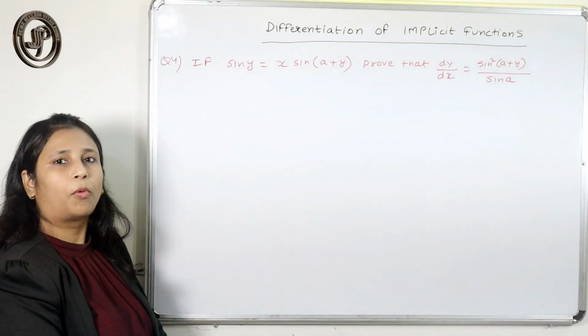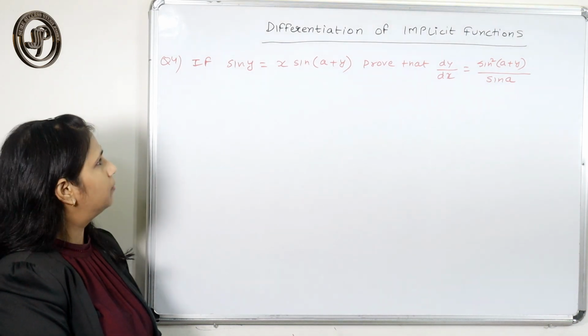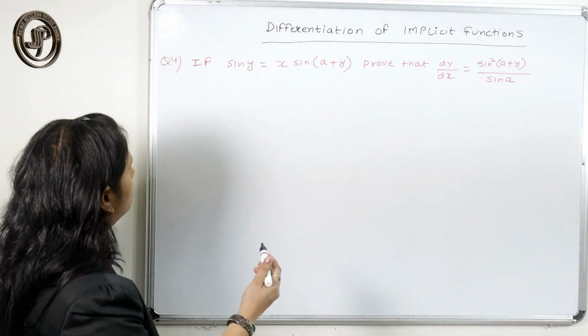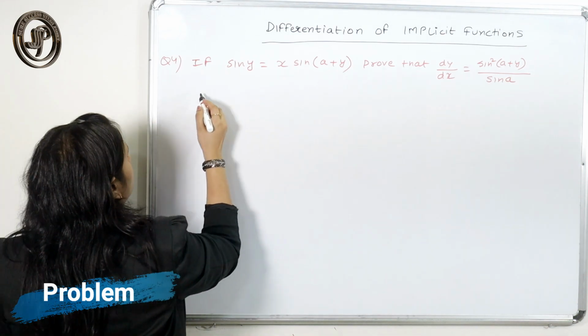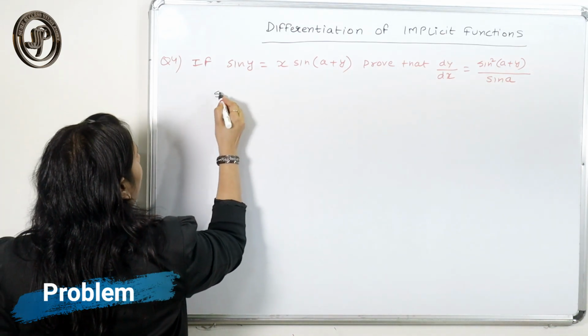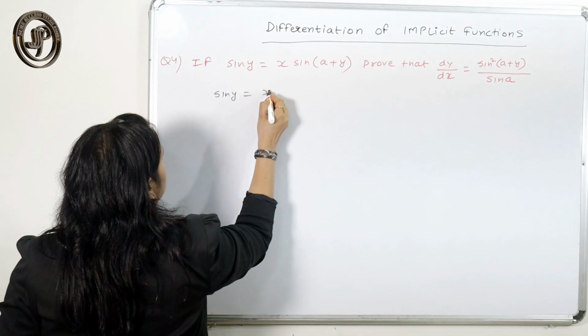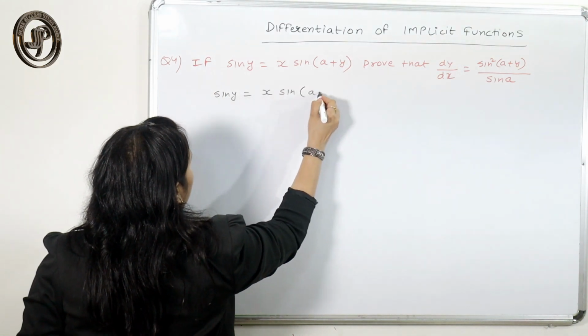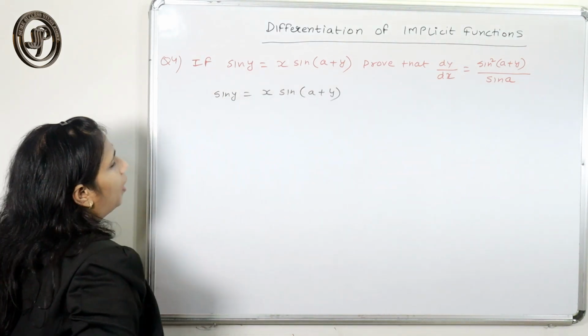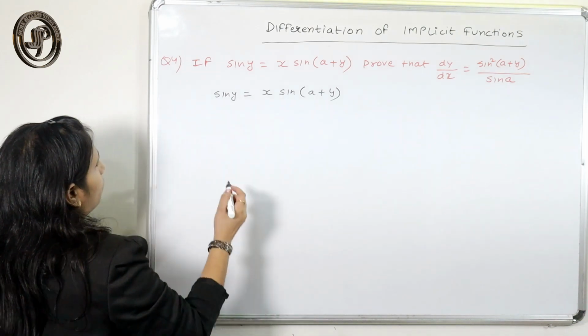This is also one important question, asked many times in board exams. So just see how to do this. Here we have sine y equals x sine (a plus y), and I have to find dy by dx. What do I do?